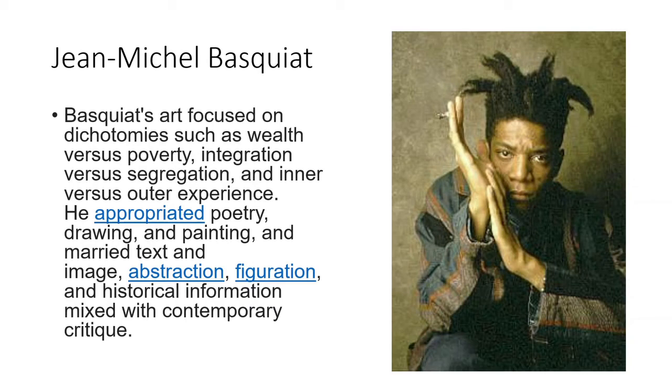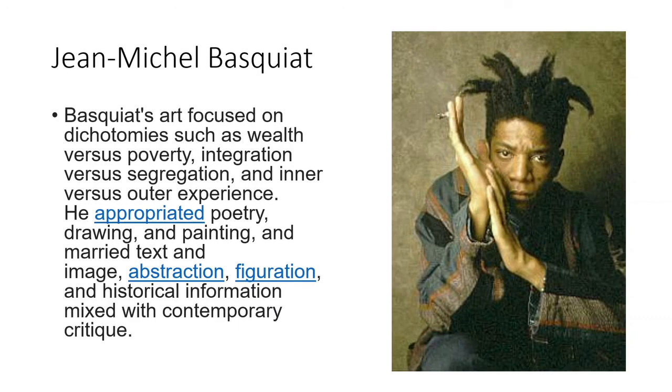He was a unique artist. He started off as a graffiti artist. He was part of a duo called Samo, I believe was the name of it, and they did a lot of graffiti art all through New York. He was discovered essentially by Andy Warhol, who was a particularly famous artist at the time.